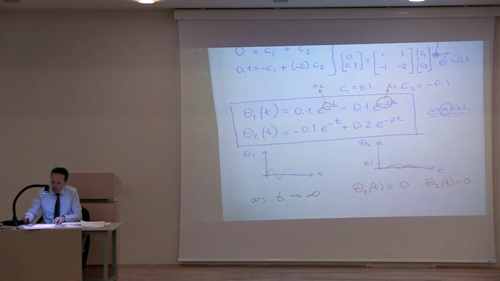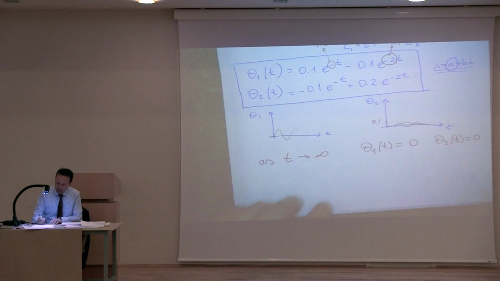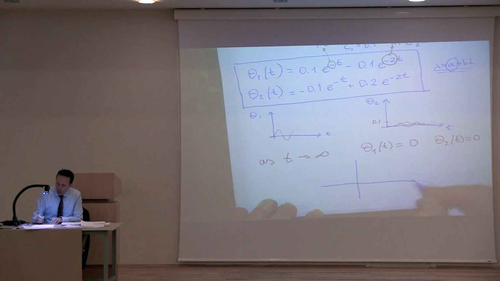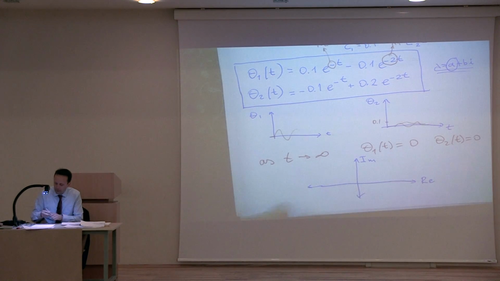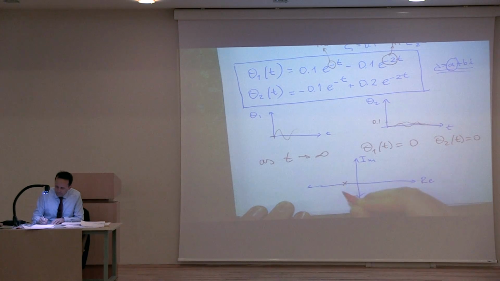So if I would plot the eigenvalues of this system in the complex plane, real versus imaginary, what do I have? I have -1 and -2.